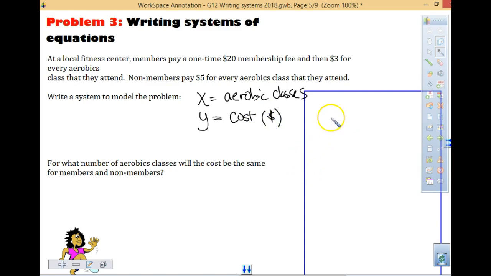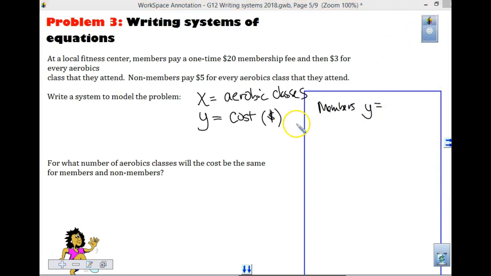So Kiara, when we look at our members, their cost, y equals, what are they paying per aerobics class? $3. So we're going to have 3x, so 3 times each class, but what else do members have to pay? Which in this case is not a finder's fee, but a membership fee.